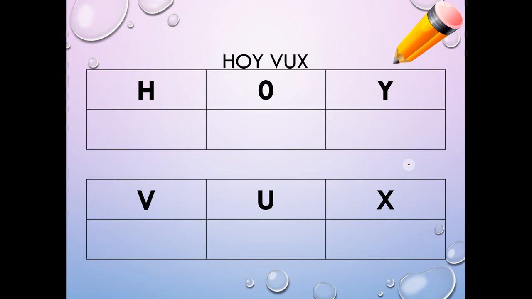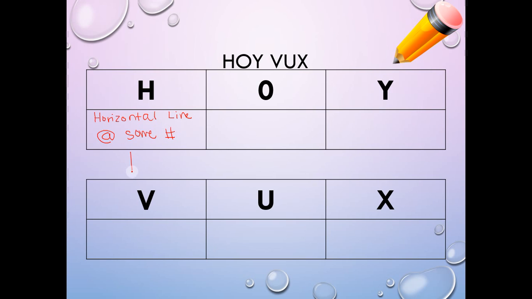Now, I want to introduce you guys to Hooyvuks. Hooyvuks is a way for us to remember our horizontal and vertical lines. So, H is for horizontal line at some number. So that looks something like this.